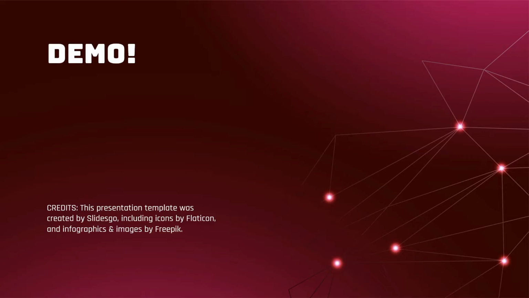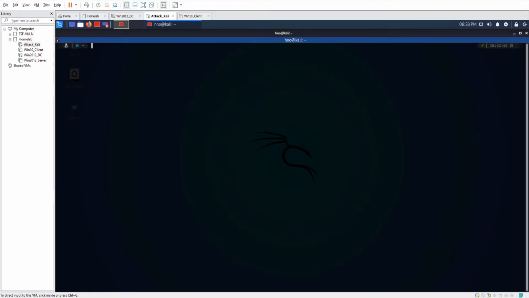Now, let's dive into a demo and see how we can actually read the LDAP descriptions as just a user that's connected to the same network but not in the same domain. Diving into this demo, we have obtained a position in the network.